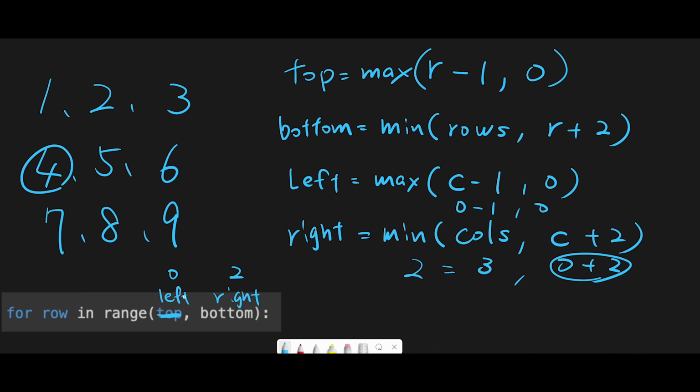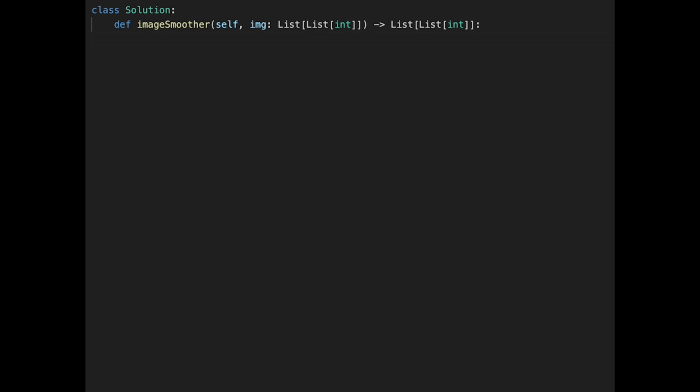So 0 is included and 2 is not included. We iterate from 0 to 1, so index 0 is here and index 1 is here. From cell 4, we iterate from 0 to this side, like this. So it looks good.